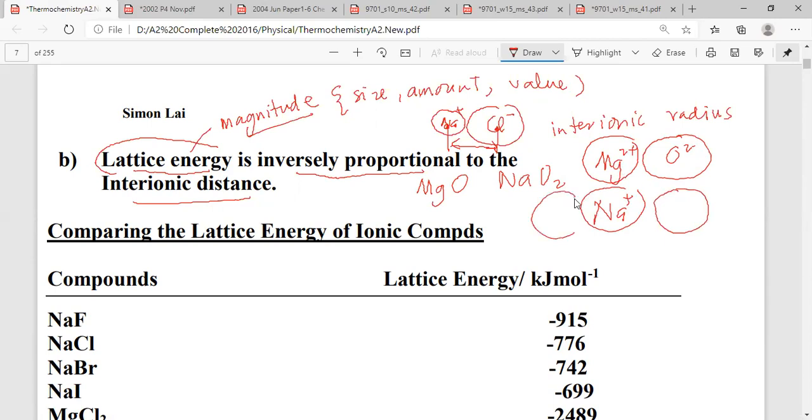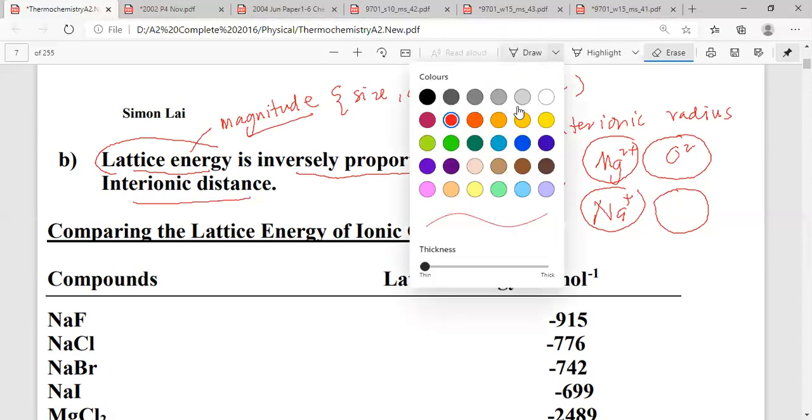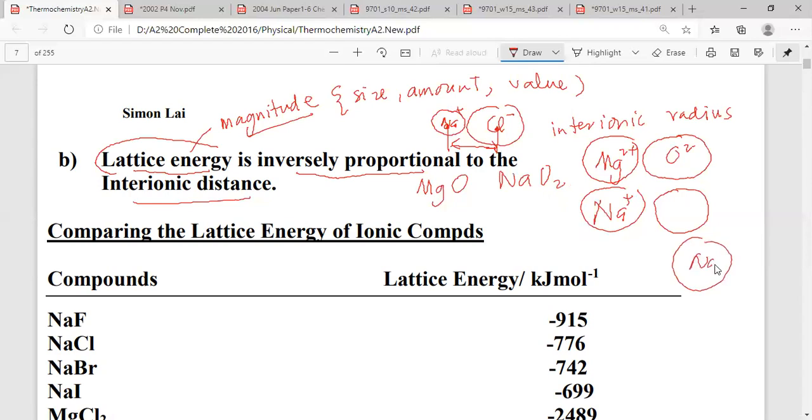O2 minus here. Sorry, I have 2 Na. Slightly silly today. Okay, here, draw. So 2 Na here, so O2 minus. Now this is called the interionic radius.